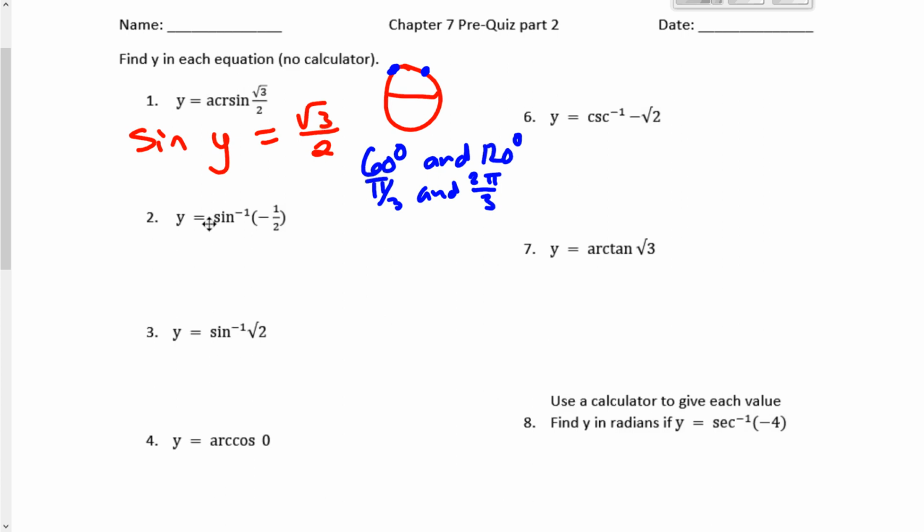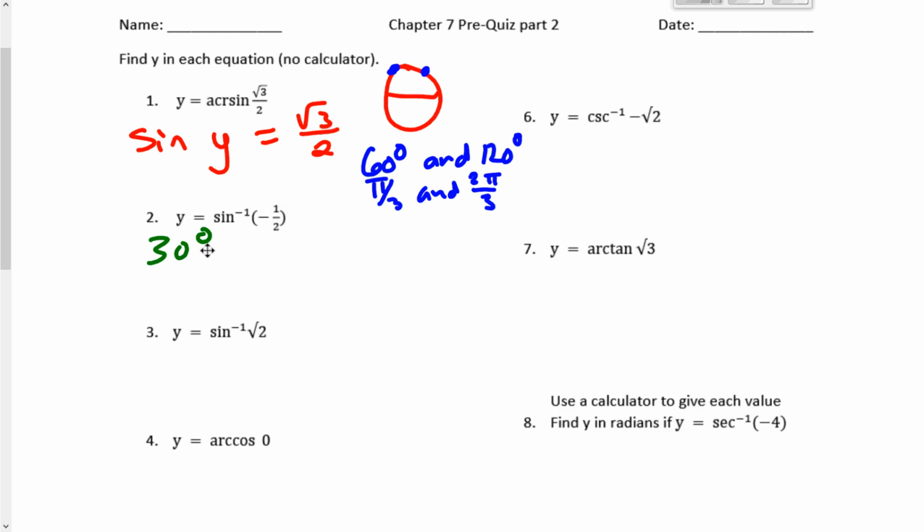Okay, where is sine negative 1/2? So we again look at the unit circle. We're at a negative, so that means we're below, right? So we find our reference angle by just looking at the positive 1/2. Well, if root 3 over 2 is 60 degrees, then 30 degrees would be the reference angle, and you can write our answers in interval notation.